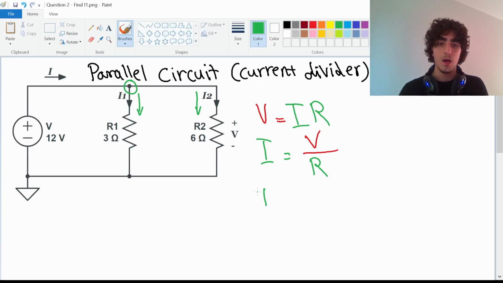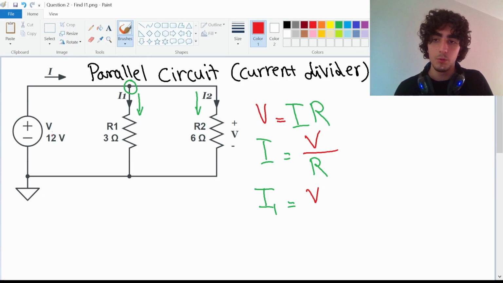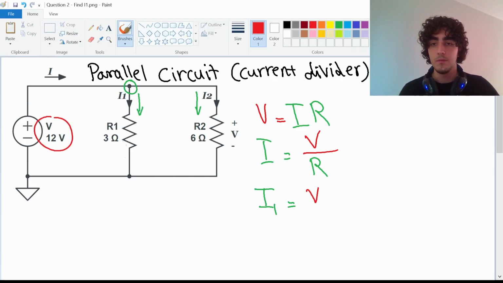So I1 in this case is going to equal still the same voltage source. So there's not going to be a V1 or a V2, because in a parallel circuit, the voltage always remains the same. There's going to be the same amount of voltage going through R1 as R2. So that's why V remains the same.